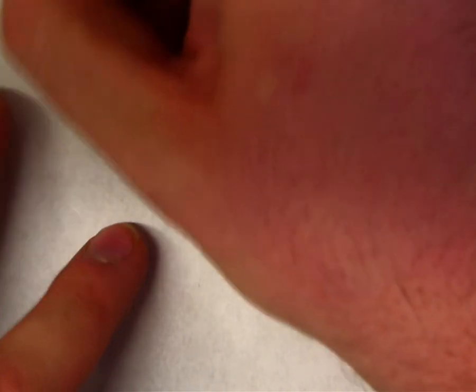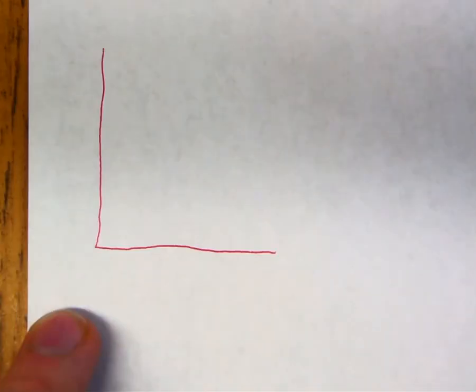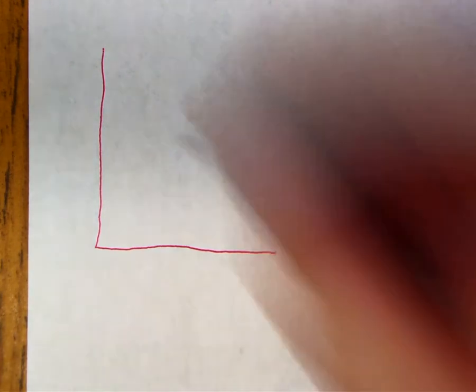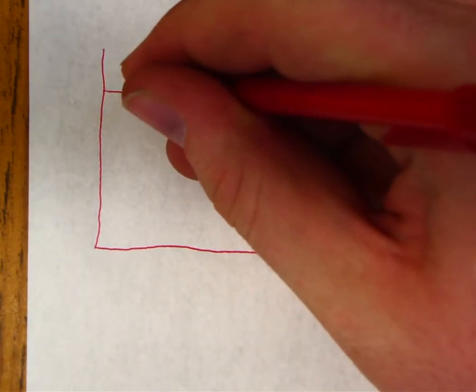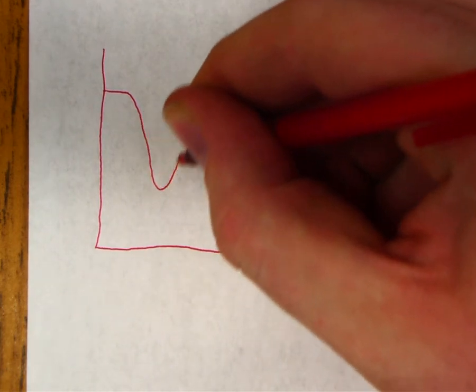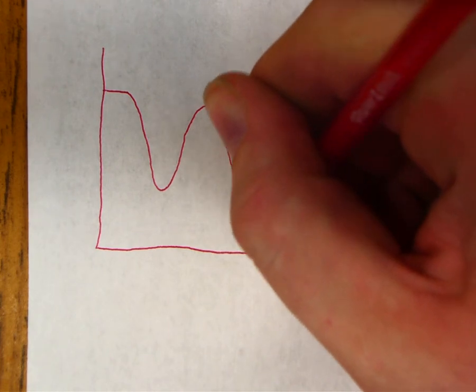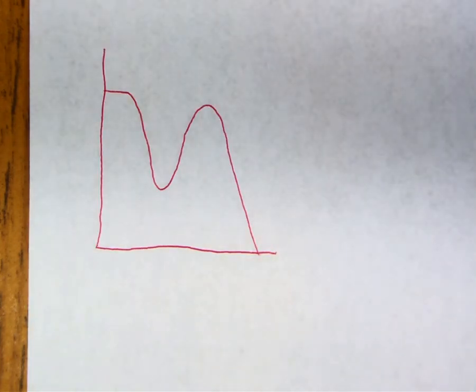Remember, if you still need it, I put a graph on the board. Looks sort of like this. Starts out with a flat line. Begins to decrease. Sort of behaves in that wise.